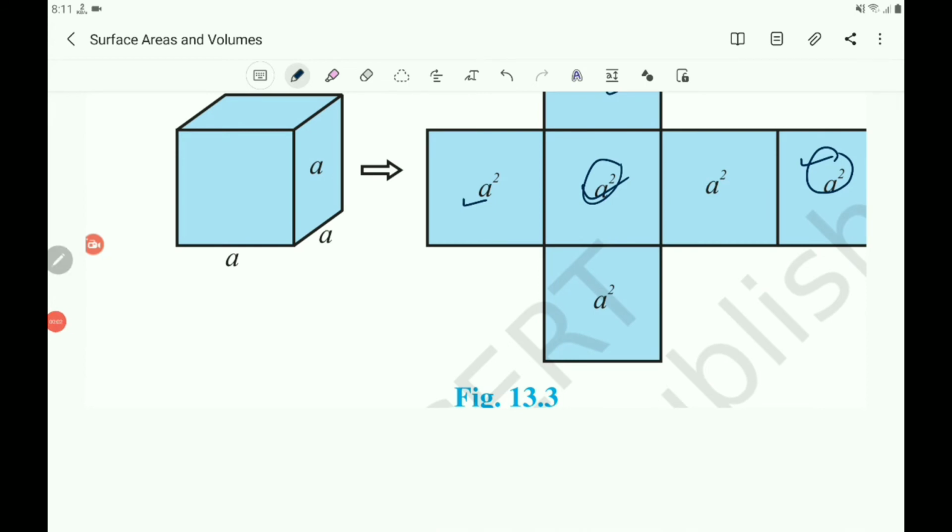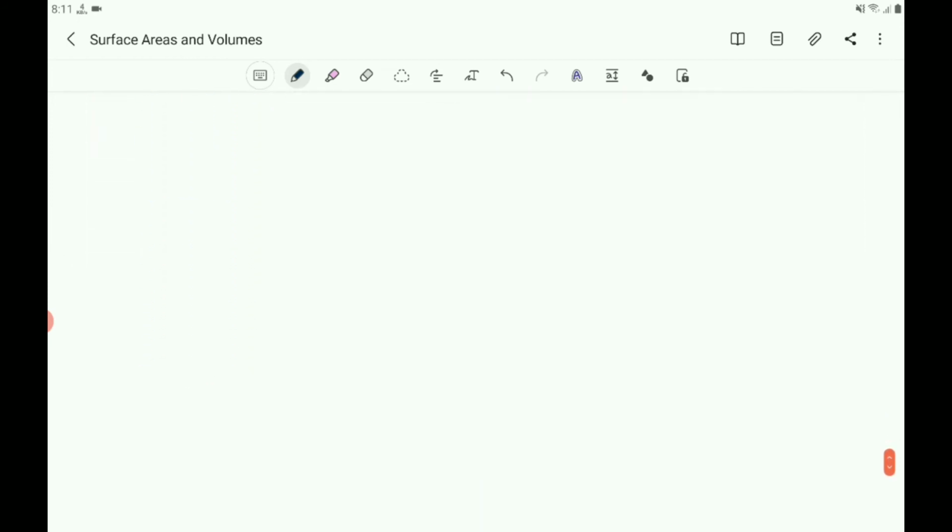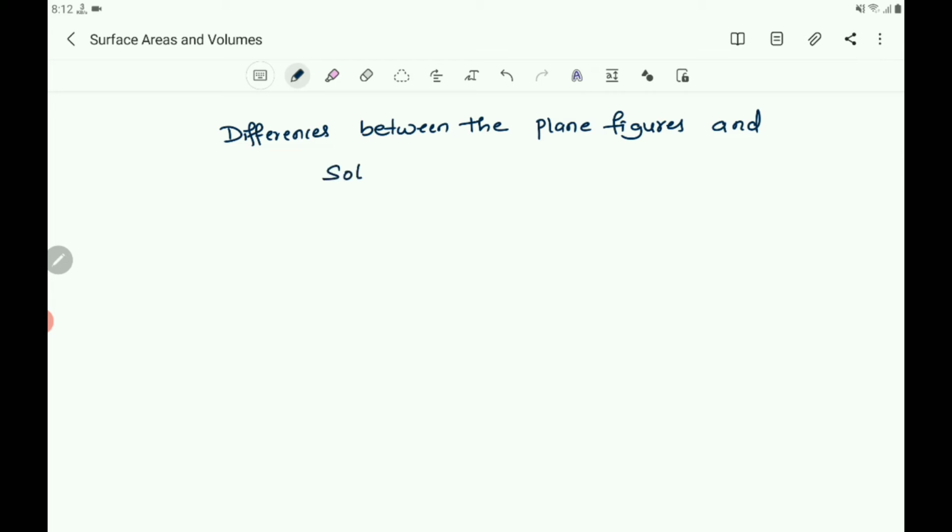So you write, for cube, LSA, that is lateral surface area, equals 4A square and total surface area equals 6A square. Now let us compare the plane figures and solid figures. So write the differences between the plane figures and solid figures.